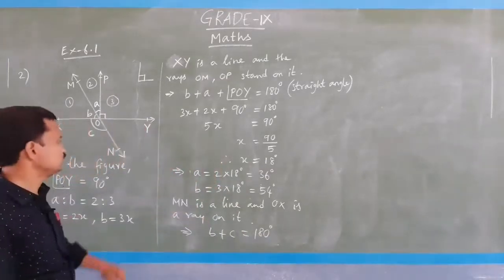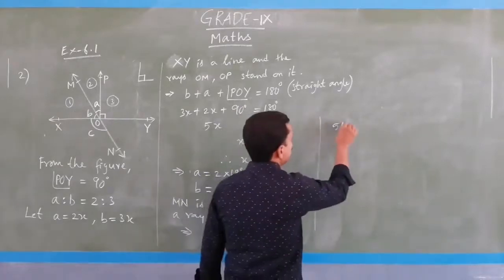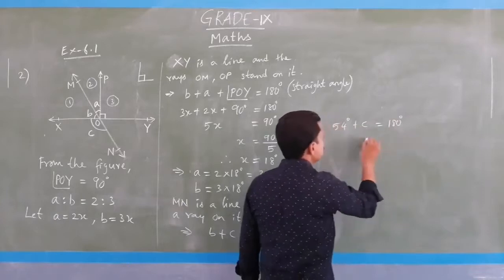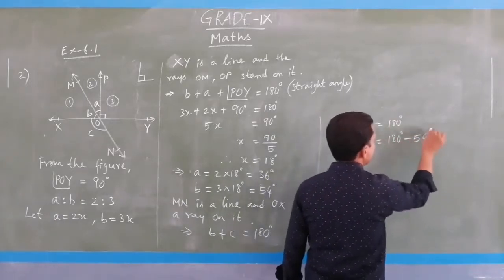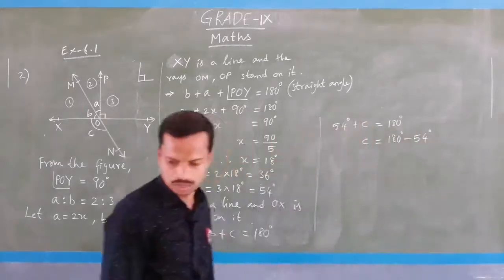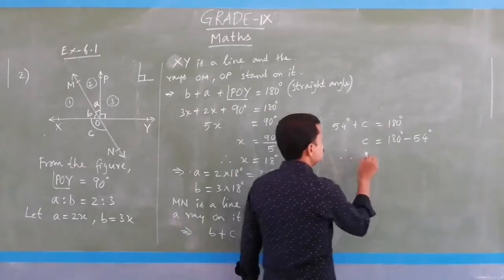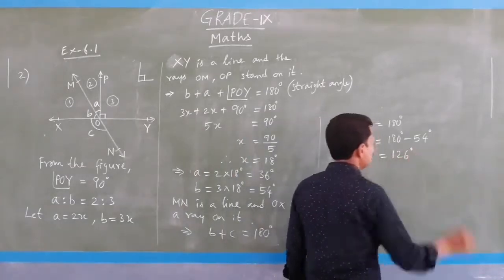And now what is B? 54. So, we can have here 54 degree plus C equal to 180 degree. Therefore, C equal to 180 degree minus 54. Okay, and we can have that. 180 minus 54 is 126 degree.